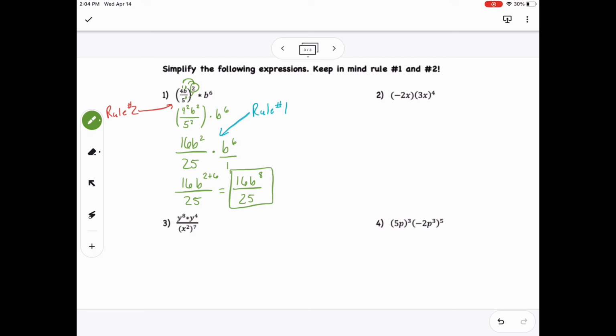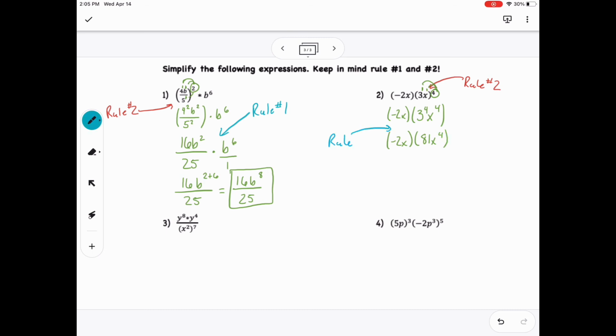Okay. Number 2, I see that there's a 4 here that's on the outside of the second parentheses. Now notice it's only going to the 3x, it is not going to the negative 2x, so I'm going to leave the negative 2x alone. And so the 4 only goes to the 3 base and to the x base. And so then that gets me negative 2x times 81x to the 4th.